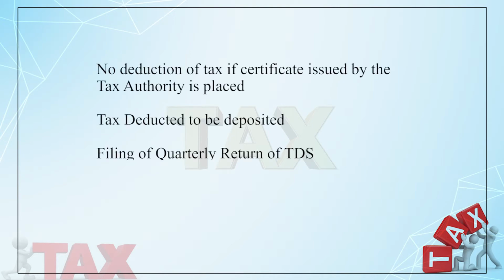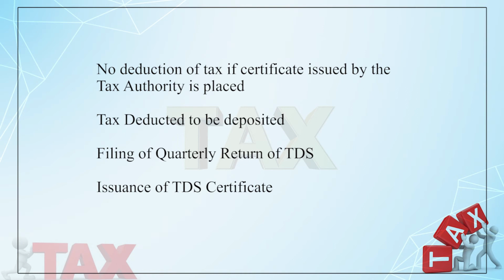Now, to cover up all the discussion we had in this session, tax deduction is a very important area, because if I do not deduct tax, do not deposit the tax, do not issue the certificate to the party, or do not upload the return, any of these activities individually is a penalizable item for me.